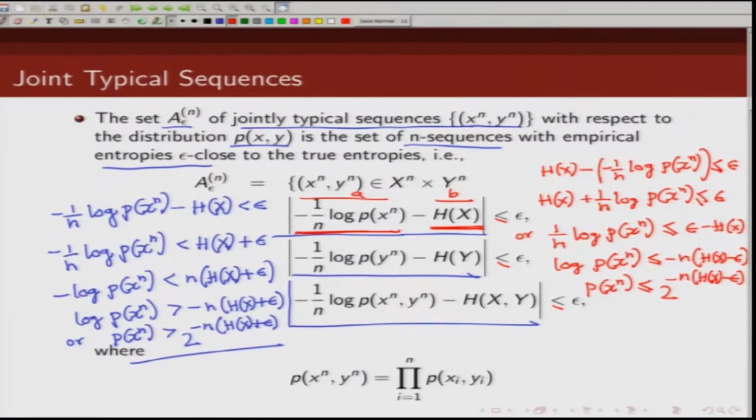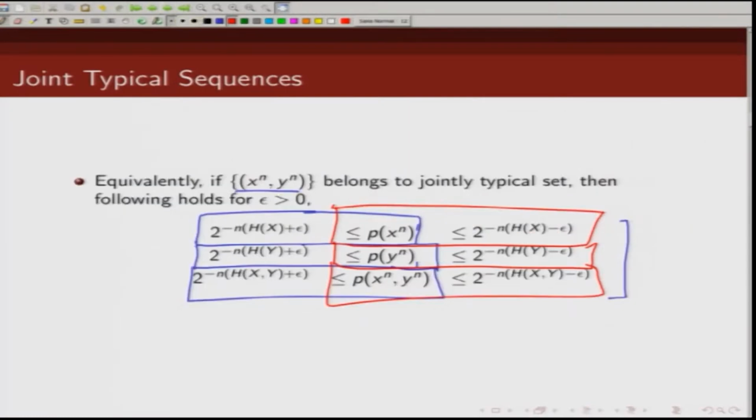So this condition can be written equivalently like this.